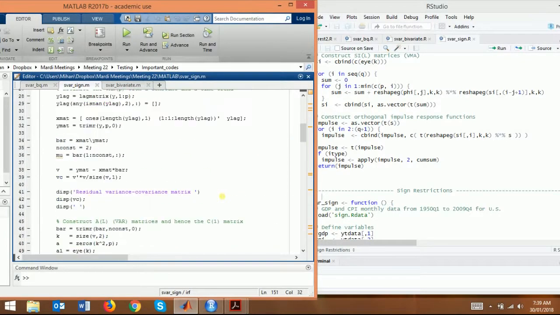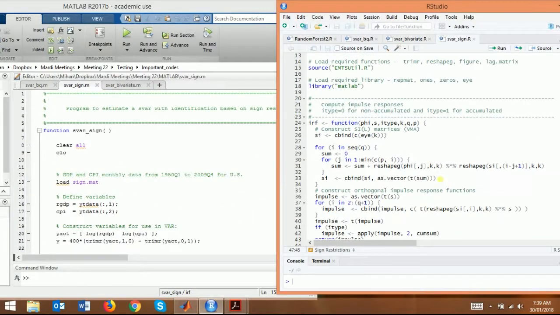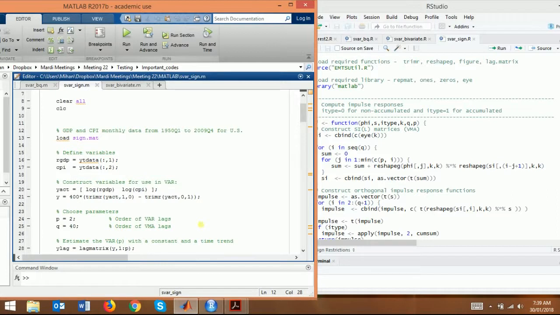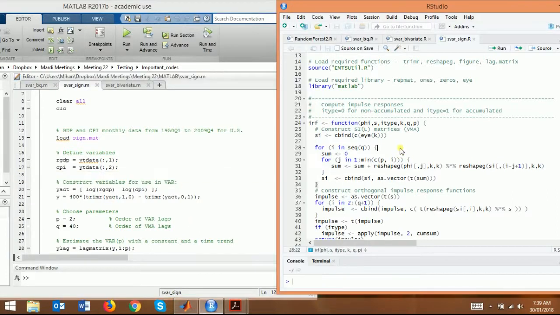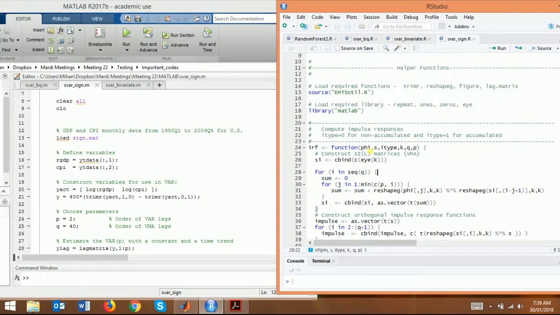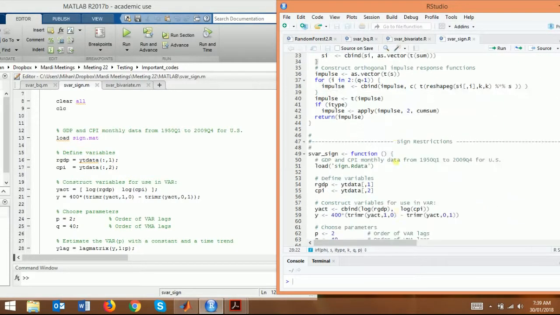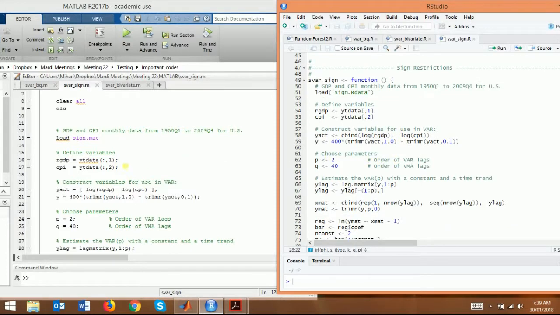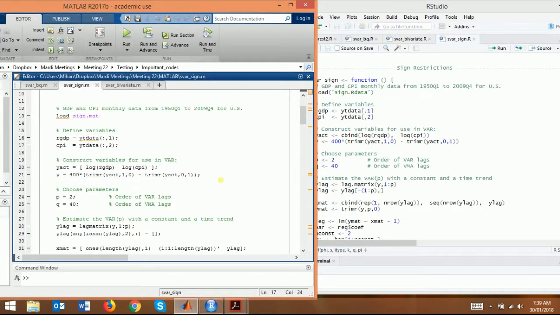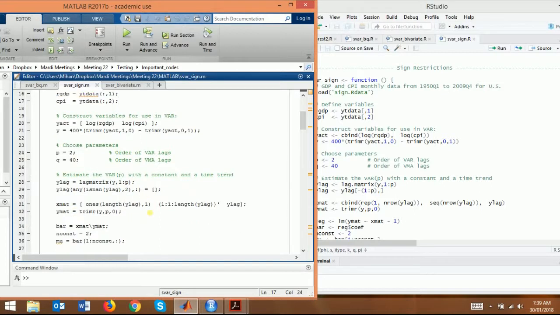Now let's go back. So we have what? One more time, you estimate your autoregressive parameter as I type, k, q, p. So sign restriction. So we have data coming into the system. Alright. We scale. We do the lag matrix.